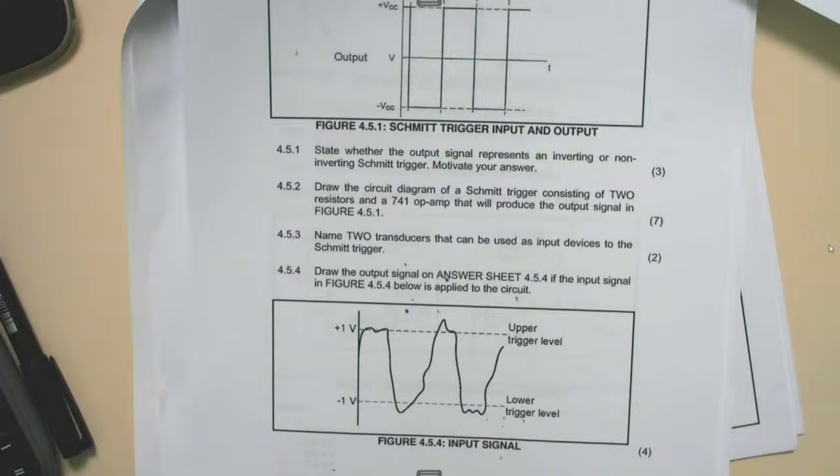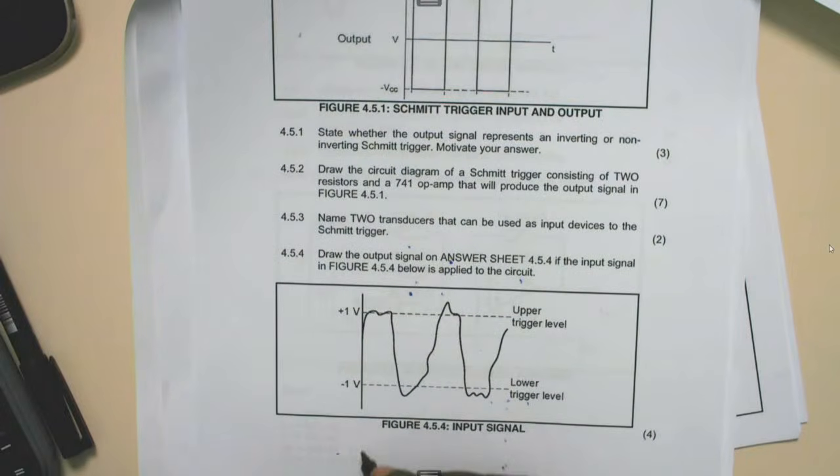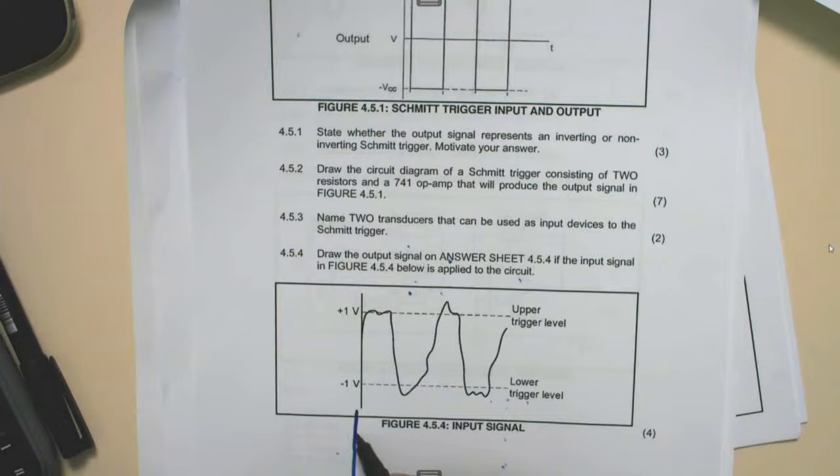So here it says draw the input signal and the output signal of this circuit. I'll just do it here with this one. The output signal will be higher up there, then it will go down, and as the input rises, this one will also rise, and it will fall as the input falls.